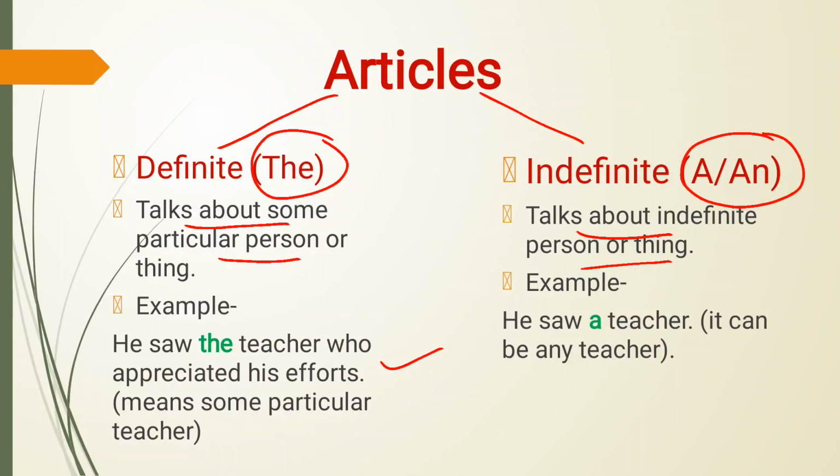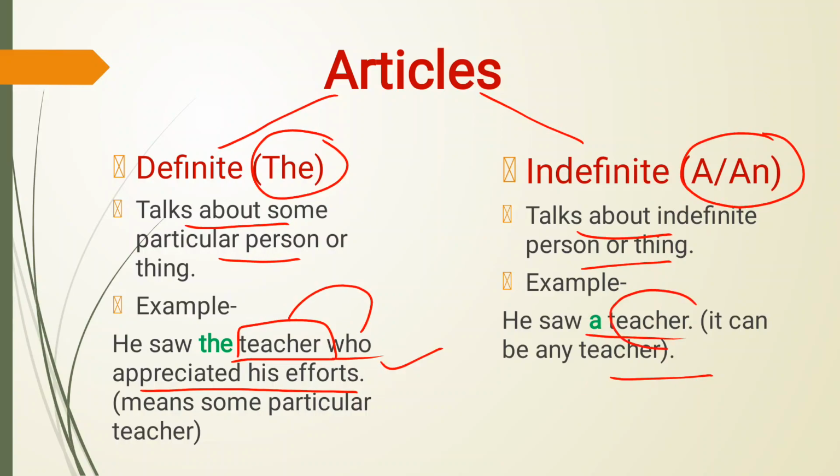We will also understand this in a better way by taking this example. He saw the teacher who appreciated his efforts. Here we are talking about the noun teacher, and we have given the description of this teacher. So we have specified which teacher we are talking about. Basically, he saw that teacher who appreciated his efforts. In this sentence, you will notice that he saw a teacher.